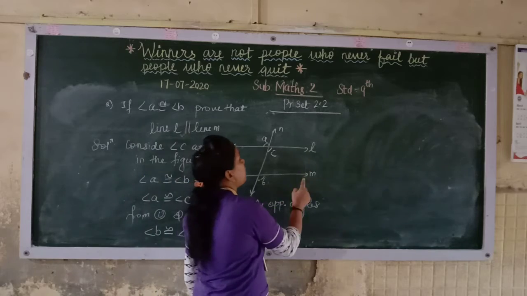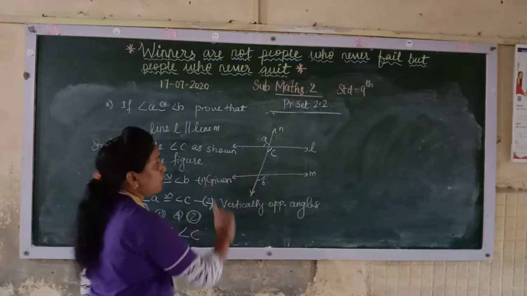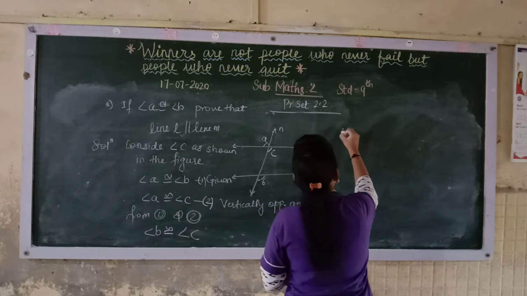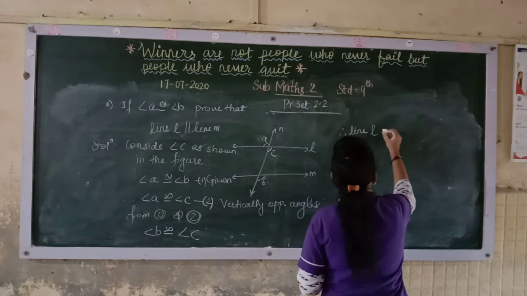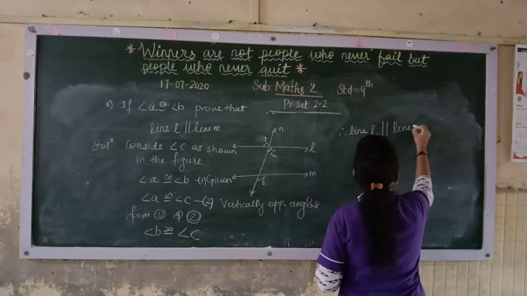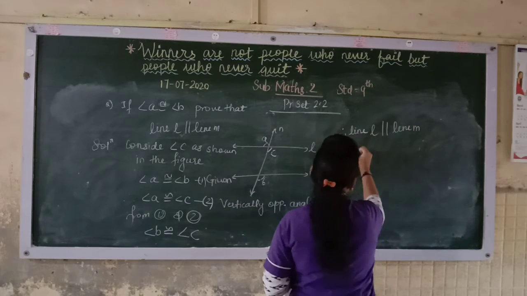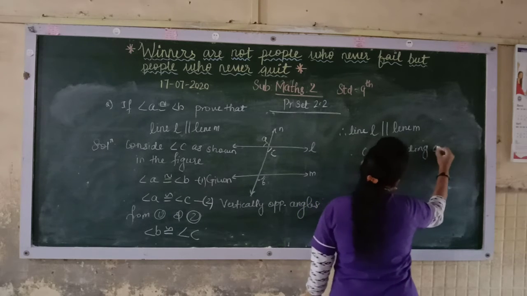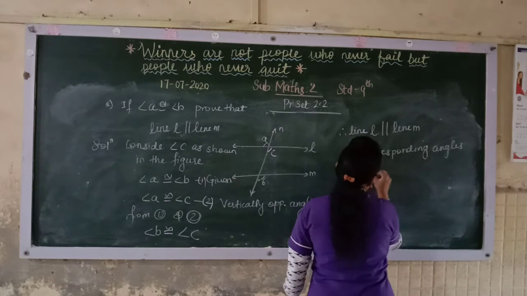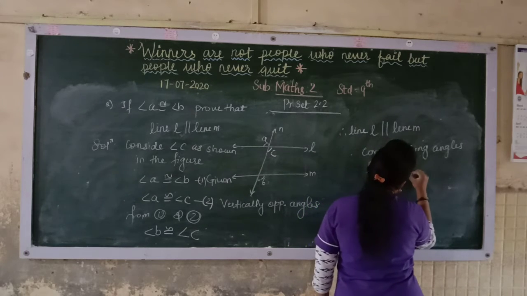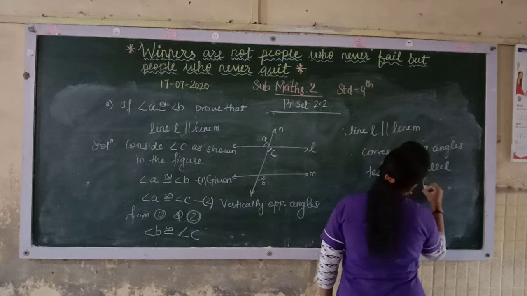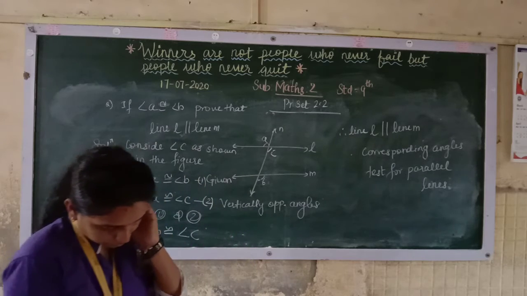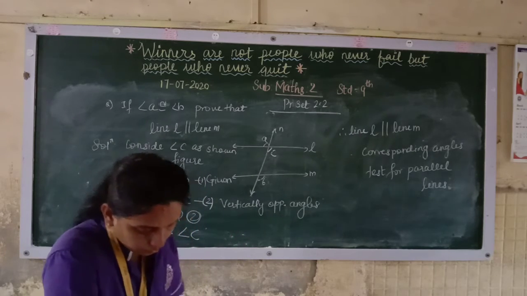This shows that l and m are parallel by the corresponding angle test for parallel lines. So here you will write, therefore line l is parallel to line m. Reason you will write: corresponding angles test for parallel lines. Further, we will see the third one.